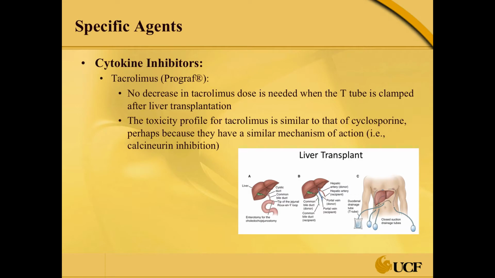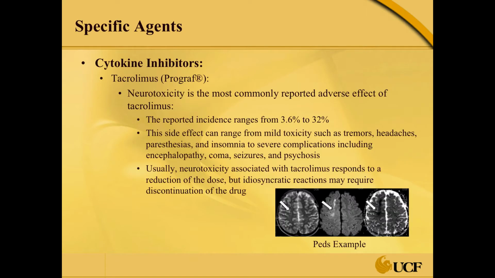The overall effect of cytokine inhibition or calcineurin inhibition that results from shutting down growth of T cells, basically, is what is related to the nephrotoxicity and the neurotoxicity that you see with these agents. Neurotoxicity is the most commonly reported adverse effect of tacrolimus, can be as up to 32%.